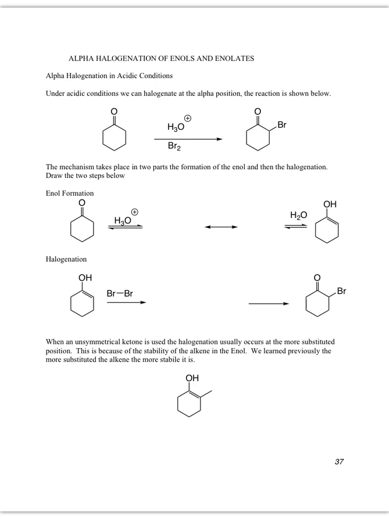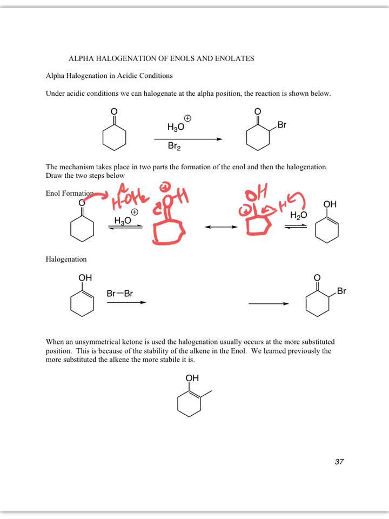But to draw the mechanism for this, since we're in acid, the first thing we have to do, if we were to show all the arrows for it, is protonate the carbonyl and then draw the resonance structure for that, where we have the positive charge on the carbon, and then we can remove the adjacent hydrogen to form the enol.